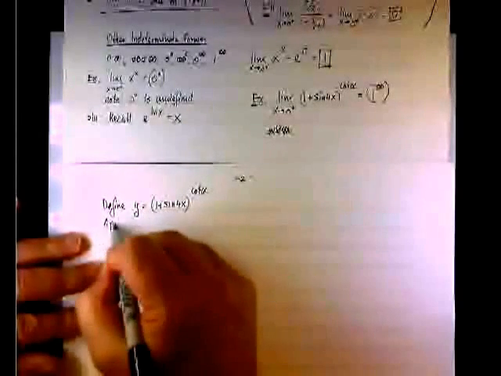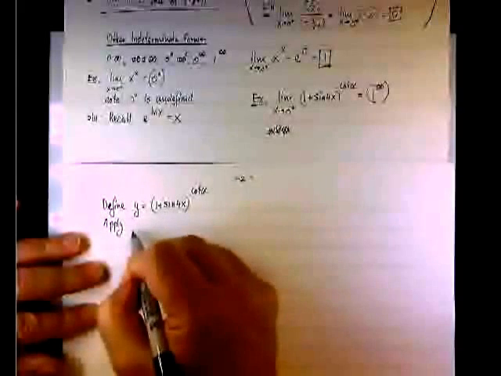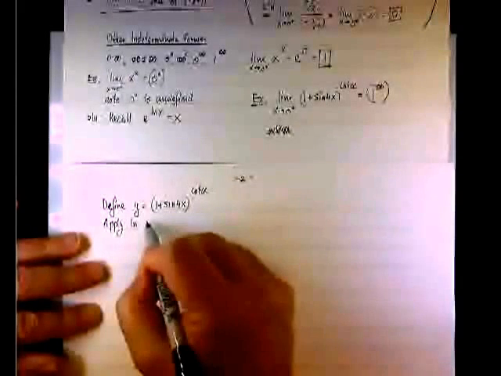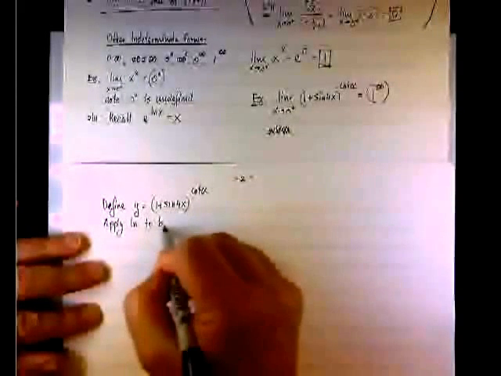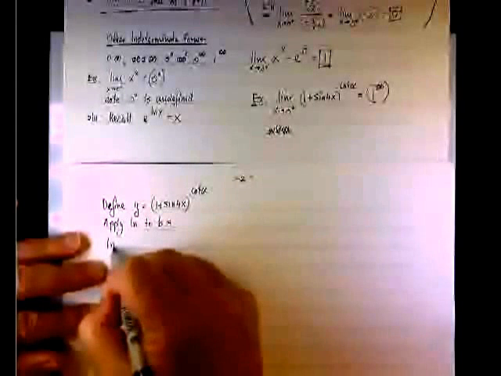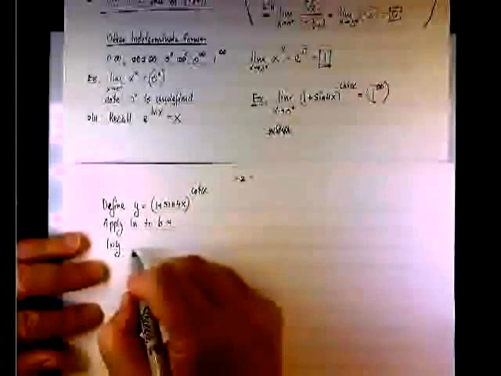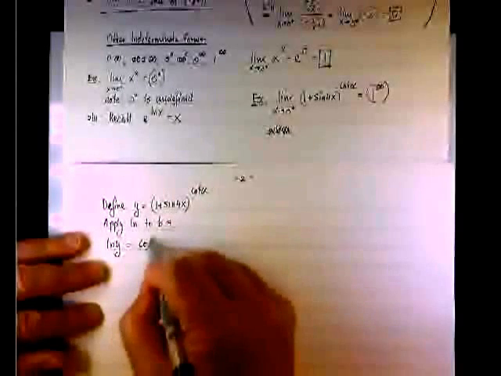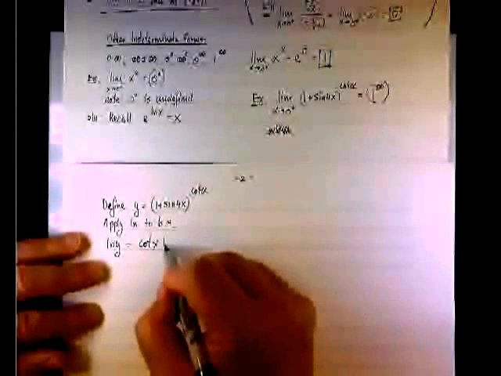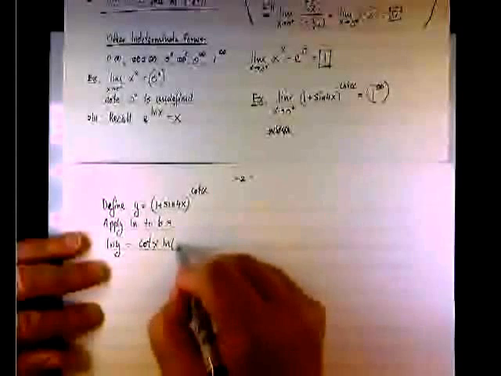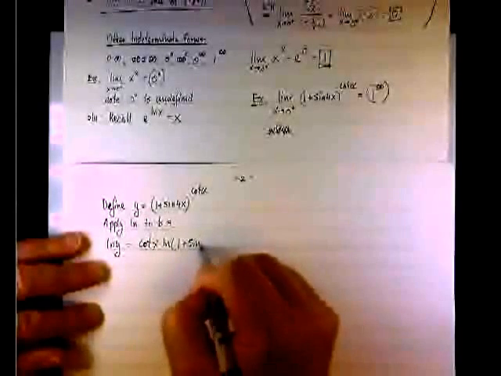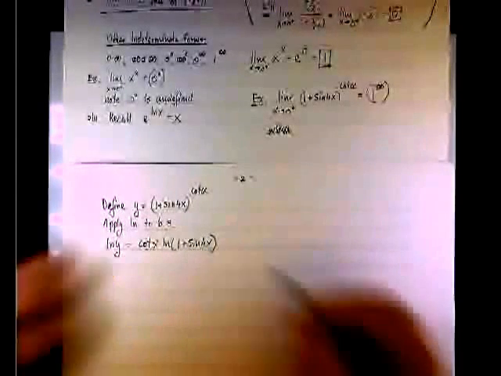And now, every time we see an exponent like this, an exponential function, it's a good idea to use logarithm. So we'll apply the natural log to both sides, and we get on the left natural log of y, and on the right we'll have cotangent x times the natural log of 1 plus sine 4x, like so.